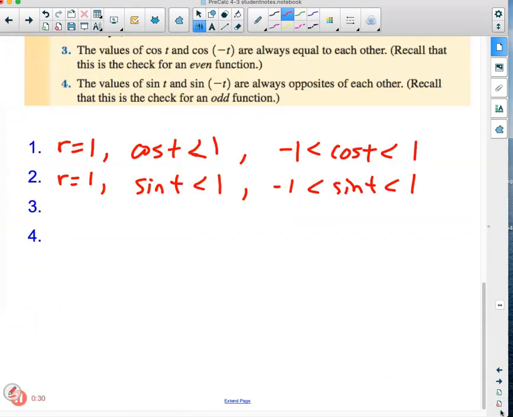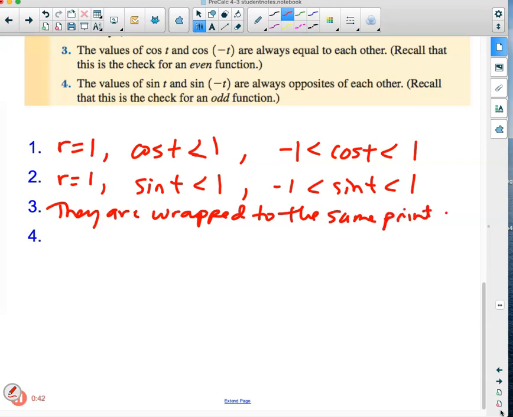So to explain that in terms of the unit circle, we would say they are wrapped to the same points above and below the x-axis.